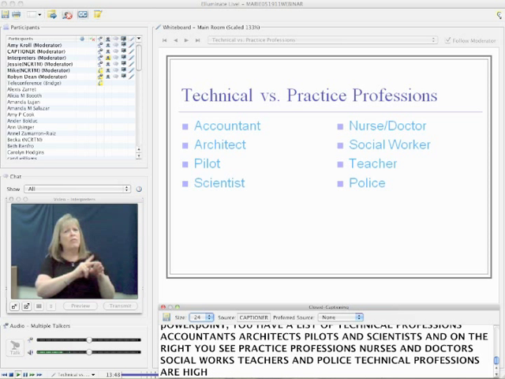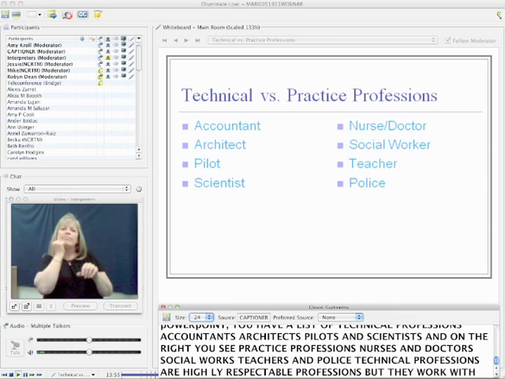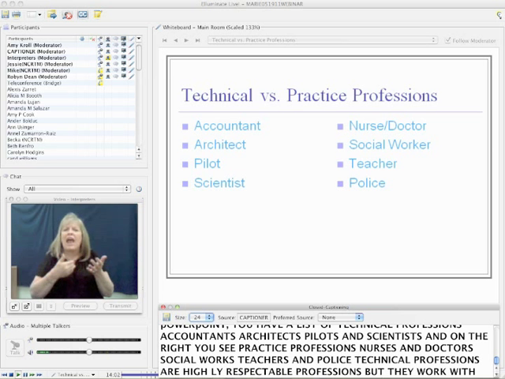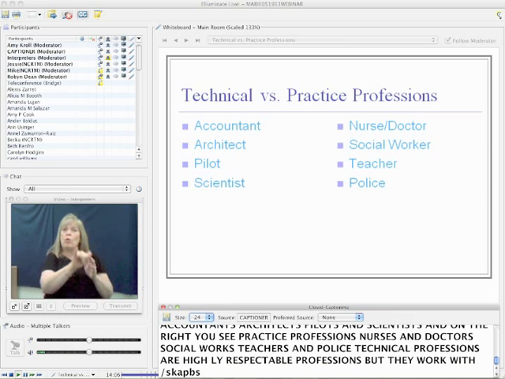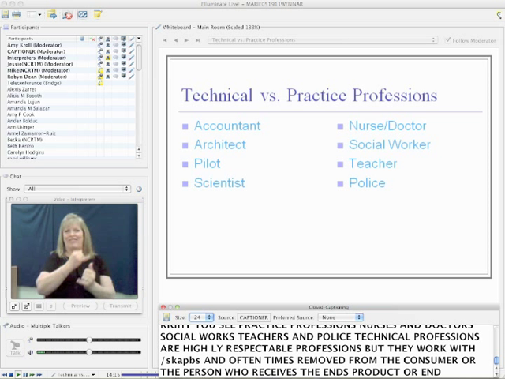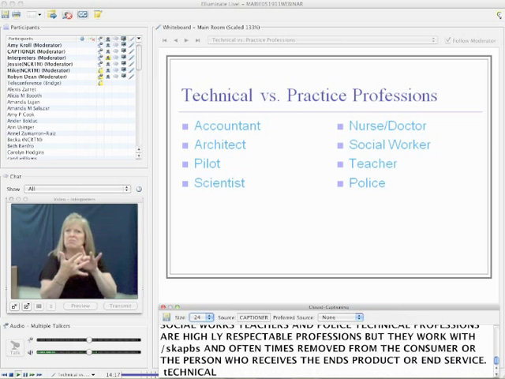But what makes them unique from practice professions is they work with constants. They work amongst things that have limited variability and are oftentimes removed from the consumer or the person who receives the end product or the end service. Technical professions work with math and physics.